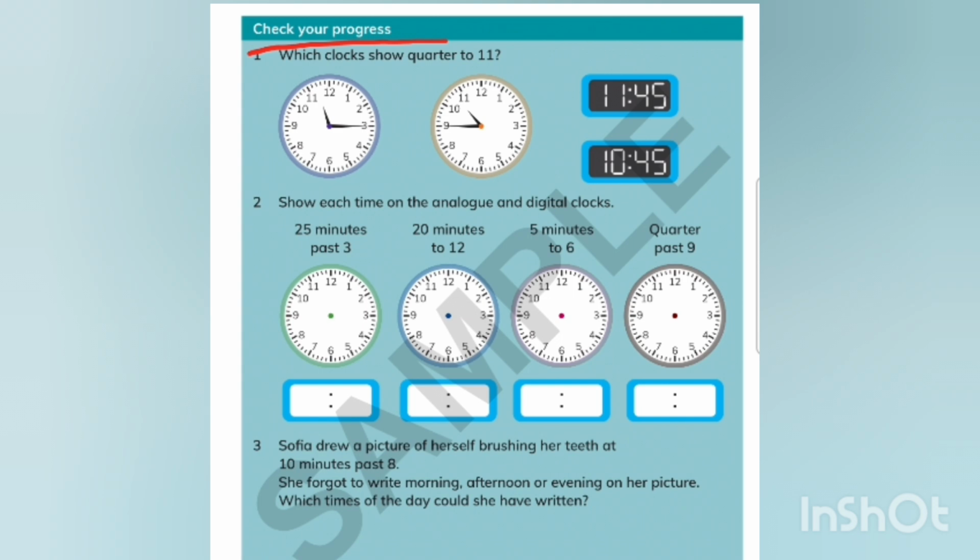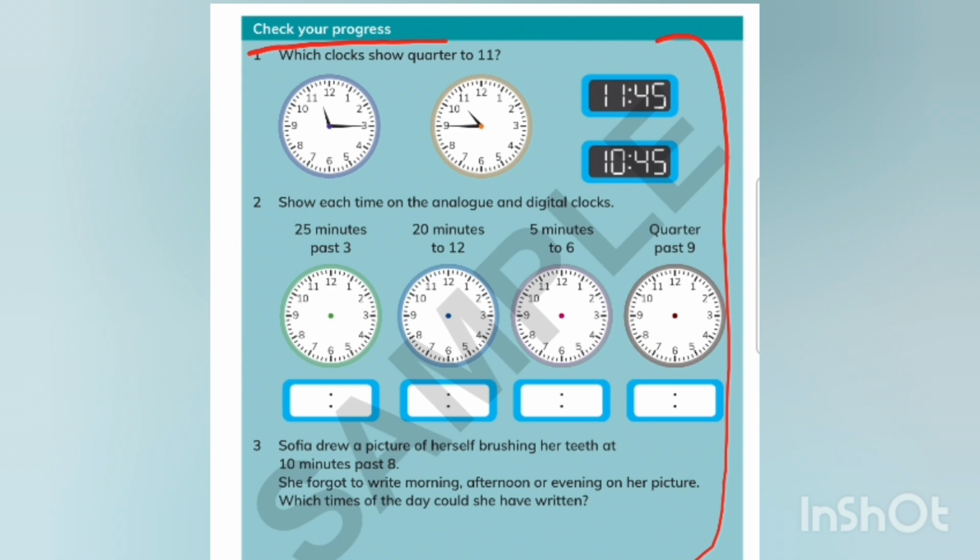This is the time to check your progress. If you haven't learned, you cannot solve this page, so you have to repeat the same thing. If you can solve this page easily, it means that you have learned.